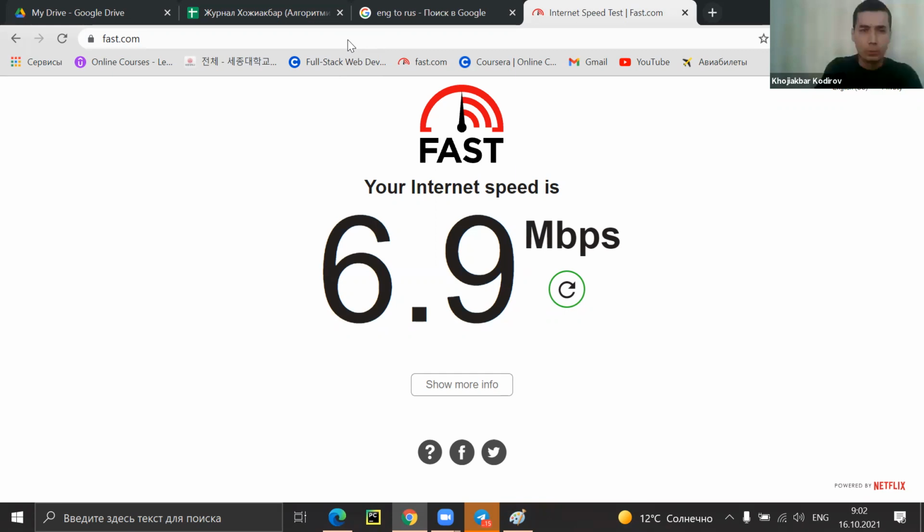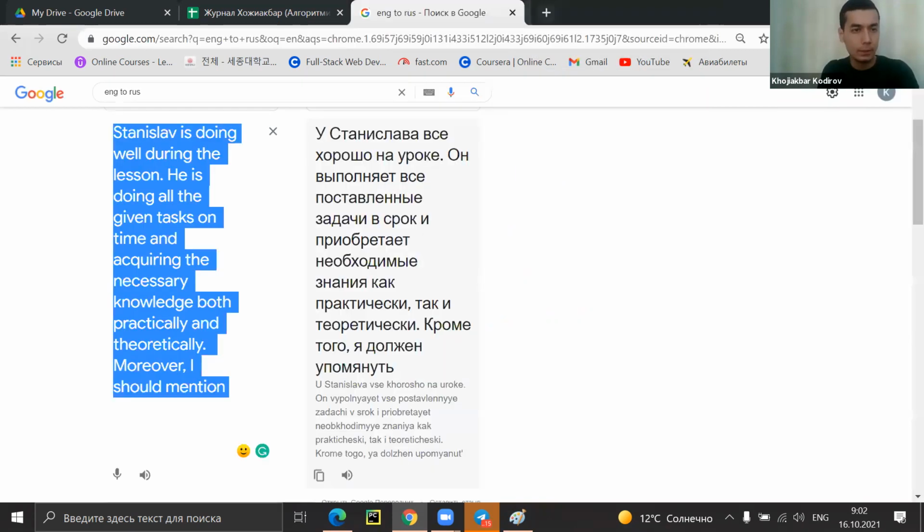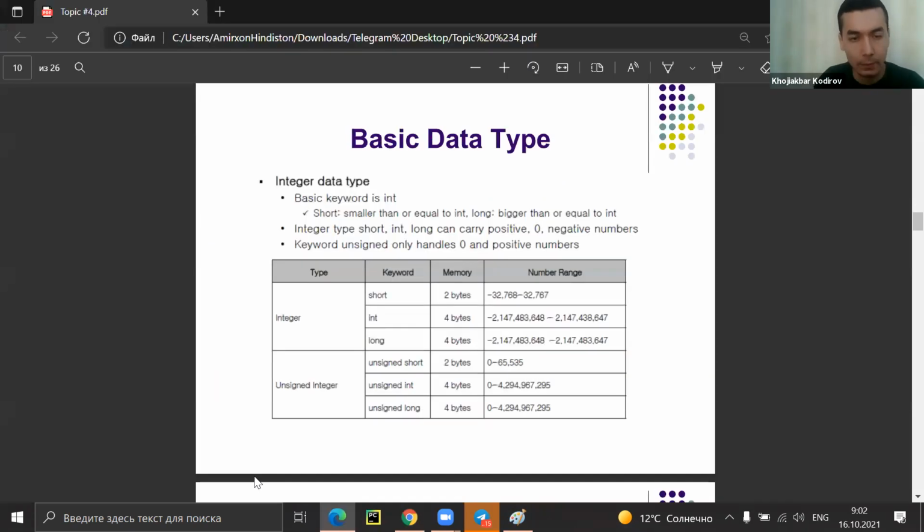I think I have a problem with my internet, the speed, because I'm not in Tashkent, so maybe that is the problem. Now, is it understandable and is the connection good? Yes, now it's better.